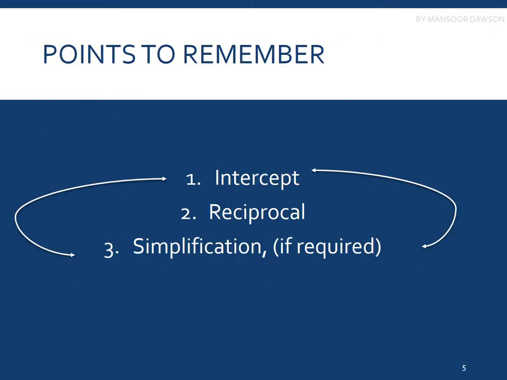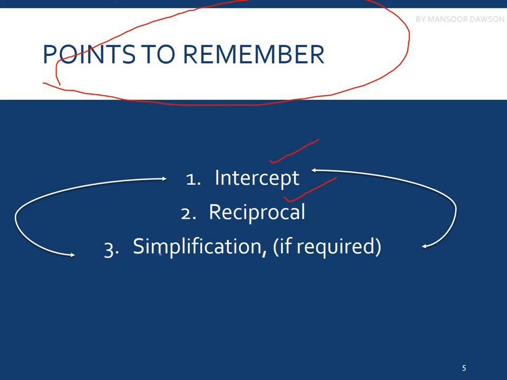So basically this is the main point to remember while identifying a plane. First of all, you have to find your intercepts, which will be given to you, or you have to find them. Then you take the reciprocal of the intercepts, and then simplify so that you can easily plot it.